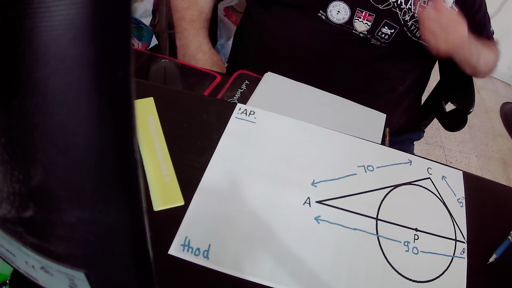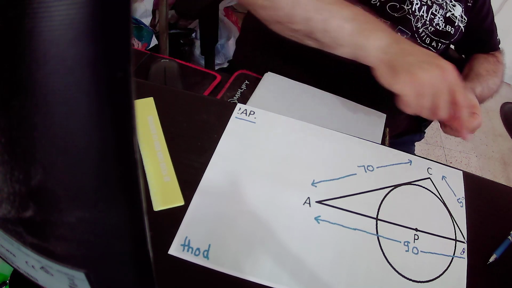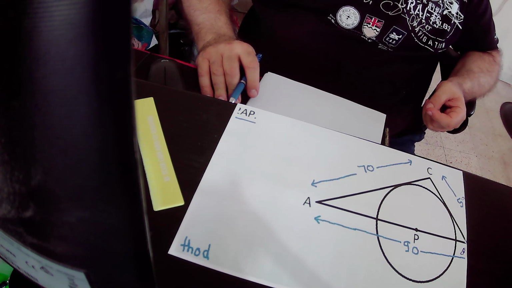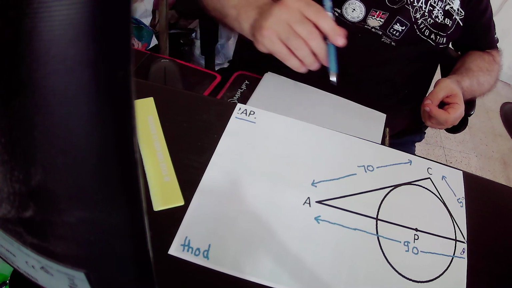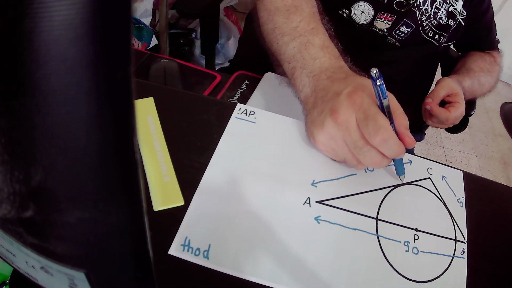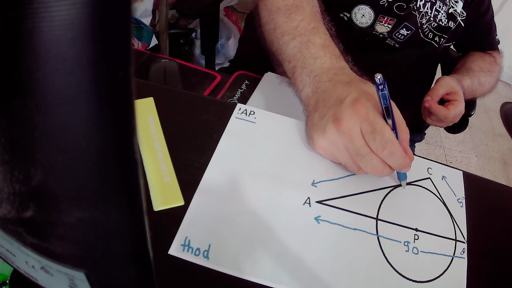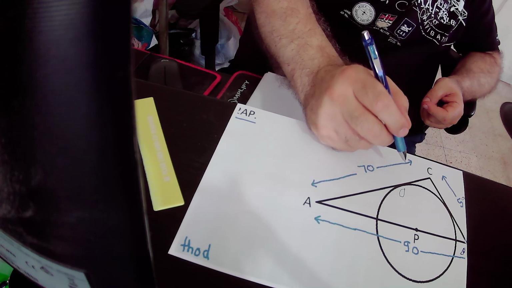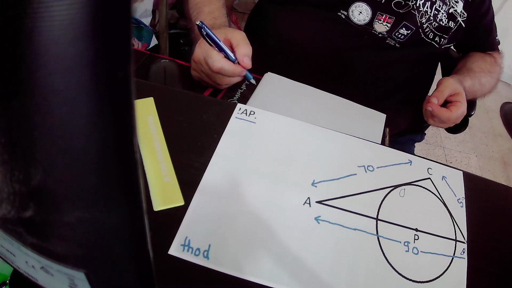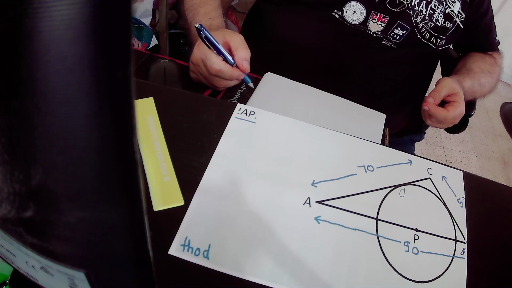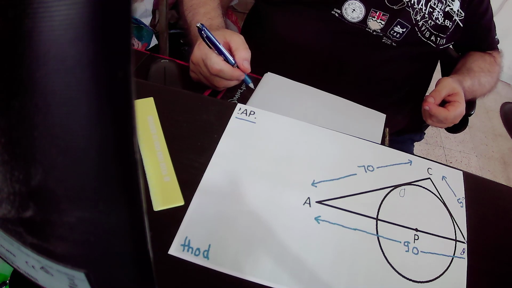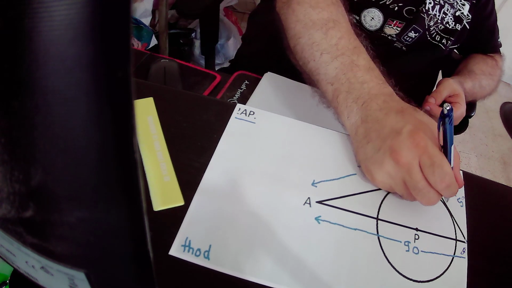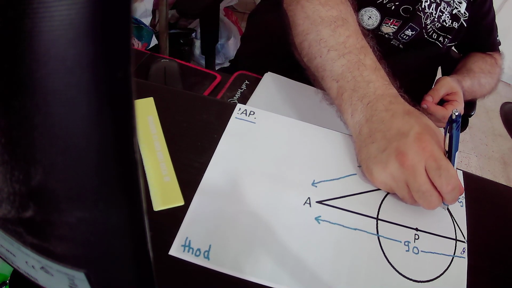Actually, side AC tangents the circle in the touching point we will call D, and side BC tangents the circle in a point that we will call E.